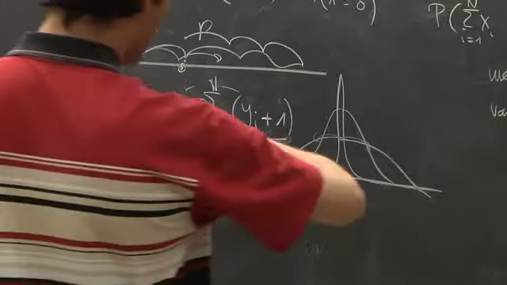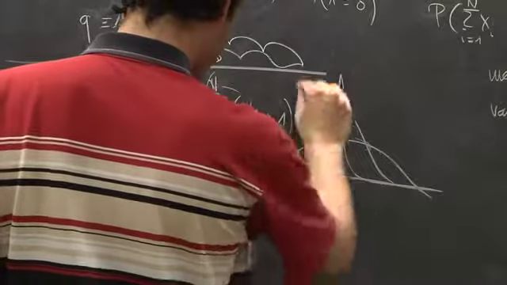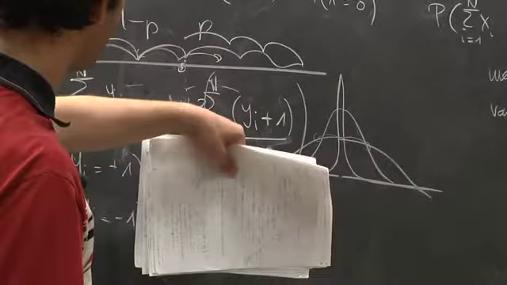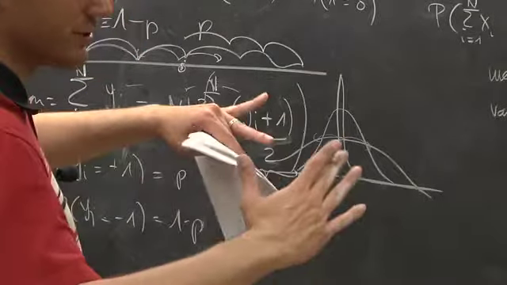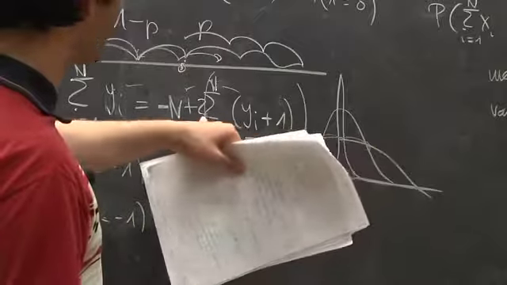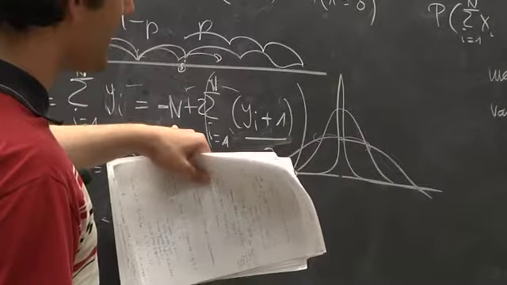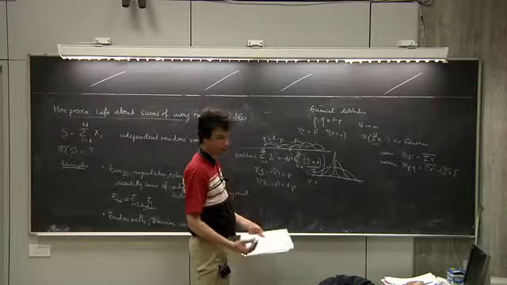So if you know how this is distributed, then you just multiply it by 2 and subtract n. That means just that you're rescaling your Gaussian by a factor of 2 and displacing it, but of course you still have a Gaussian.